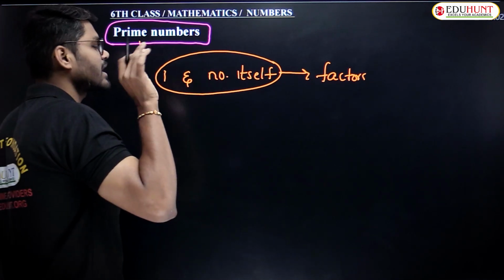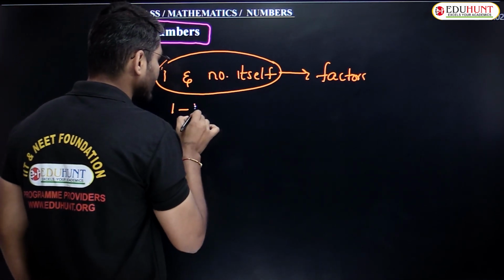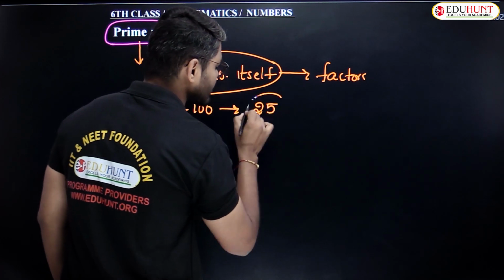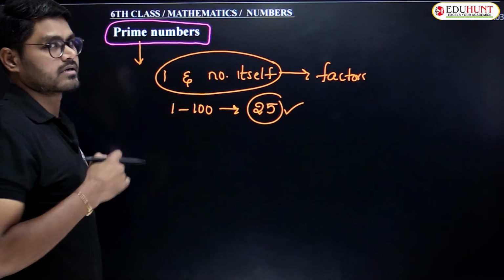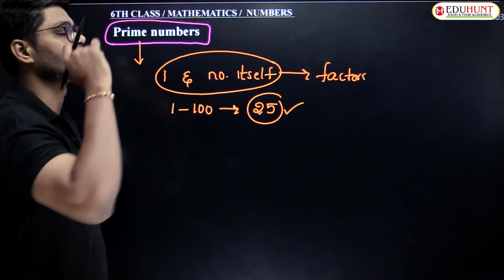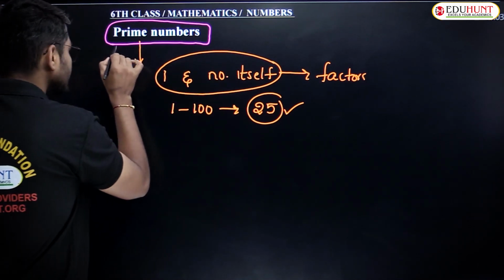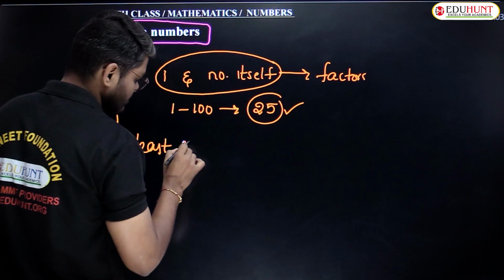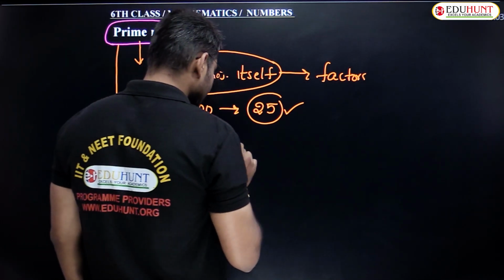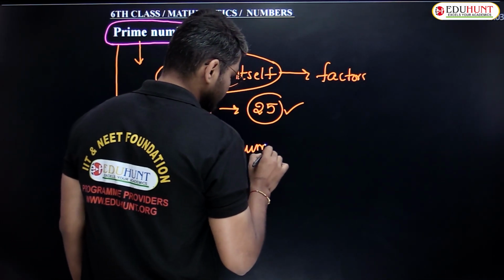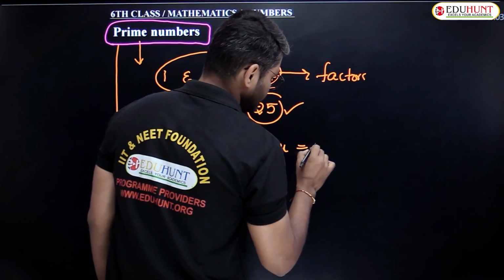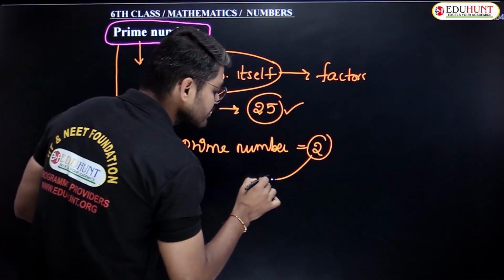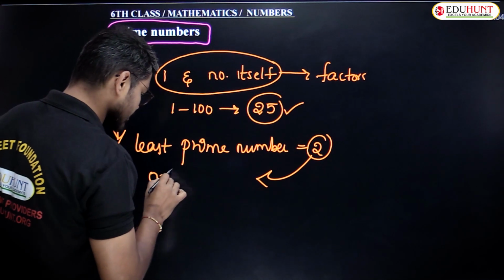How many prime numbers are there between 1 and 100? There are 25 prime numbers between 1 and 100. This is very, very important. The least prime number is 2, and 2 is the only even prime number.